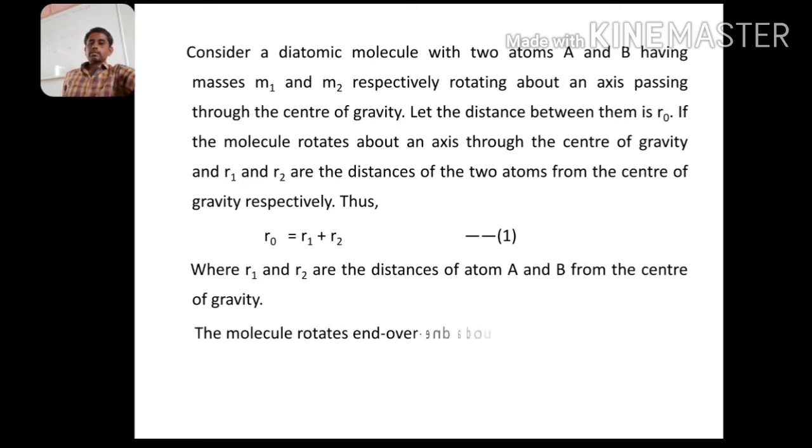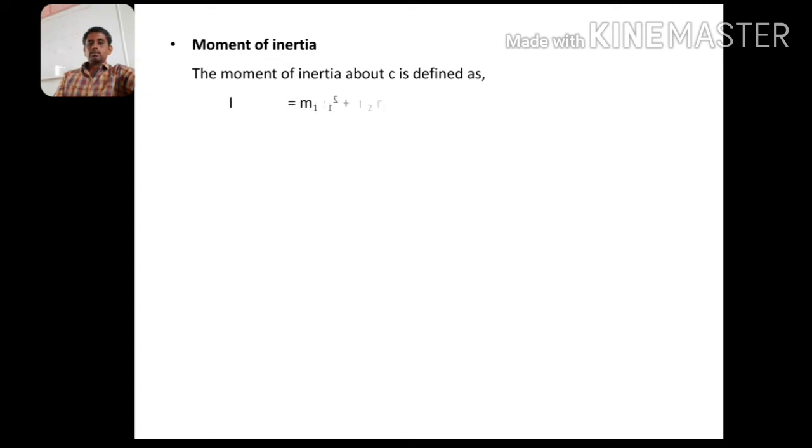The molecule rotates end over end about point C, that is the center of gravity. Thus m1 r1 is equal to m2 r2. This is equation number 2. Now what is the moment of inertia for the molecule? The moment of inertia about the center of gravity is defined as I is equal to m1 r1 square plus m2 r2 square, or it may be written as I is equal to m1 r1 into r1 plus m2 r2 into r2.